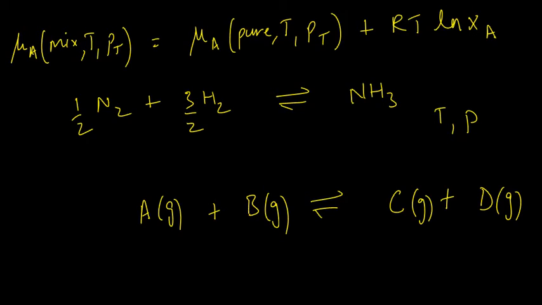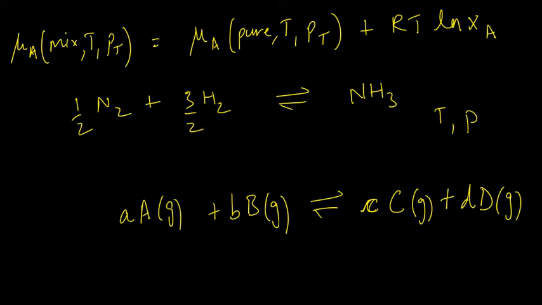Let's introduce stoichiometry as well. Small a moles of A, small b moles of B, small c moles of capital C, small d moles of D. Let me just put this tail so that we can distinguish between small and capital D. So that's the process happening, and I want to see whether this process is spontaneous or not, right?